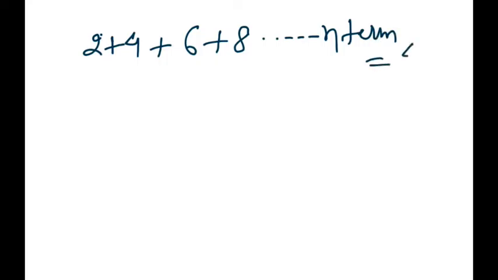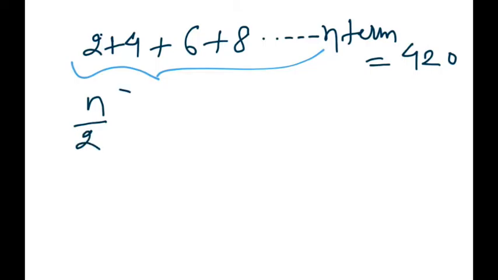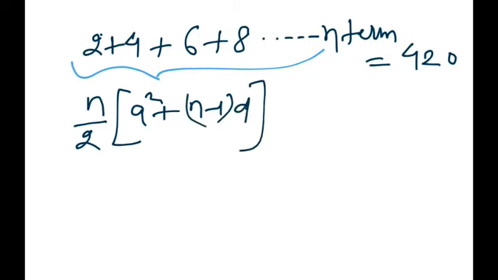goals made in first match, goals made in second match, third match, fourth match, to n terms equals 420. Now this is forming an AP, right, and the formula is n by 2 [2a plus (n minus 1)d].